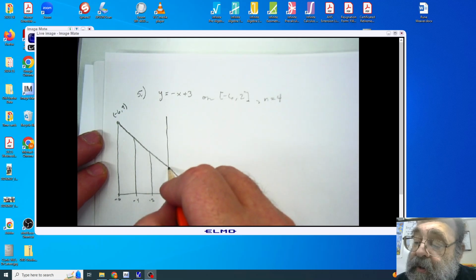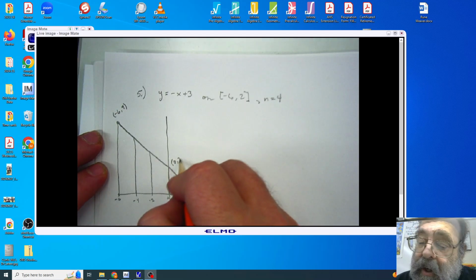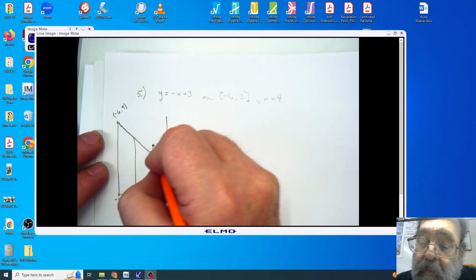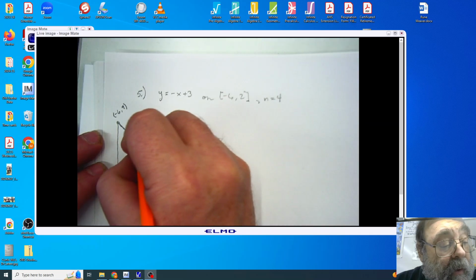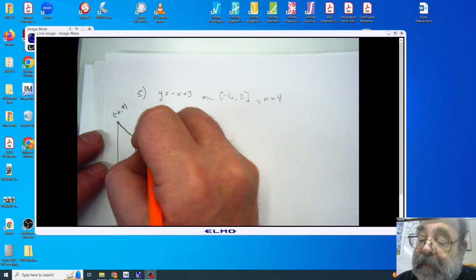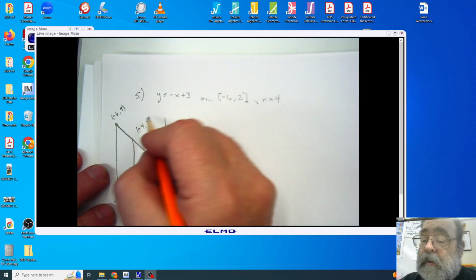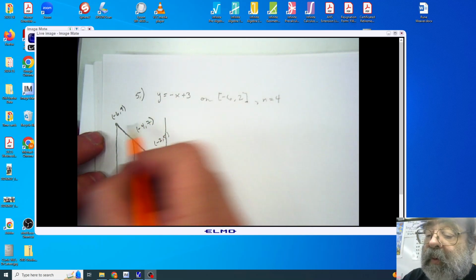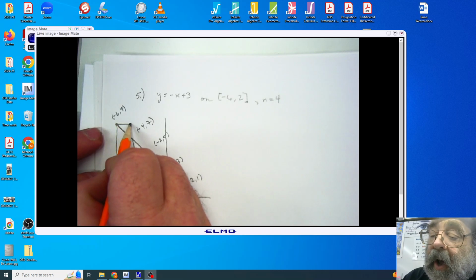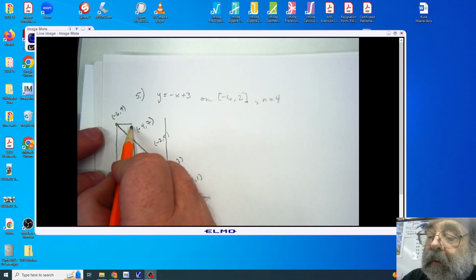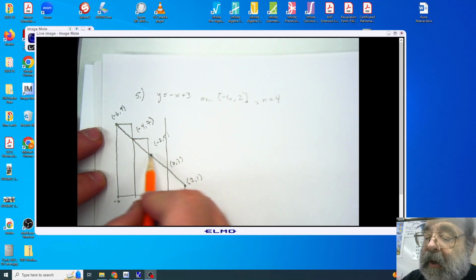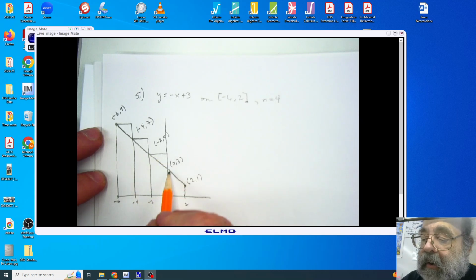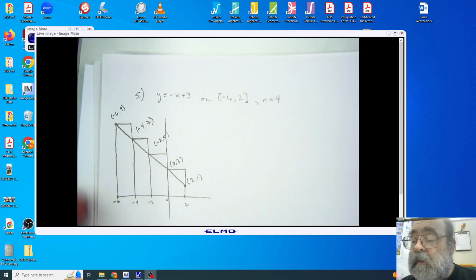We do know that this one is 0, 3, and then we have negative 2, 5 and negative 4, 7. Now when we're doing our circumscribed, we want to make sure that our rectangle is now above. So we're looking like this. See, I'm creating the rectangles and I'm making sure that each rectangle is outside of the curve.